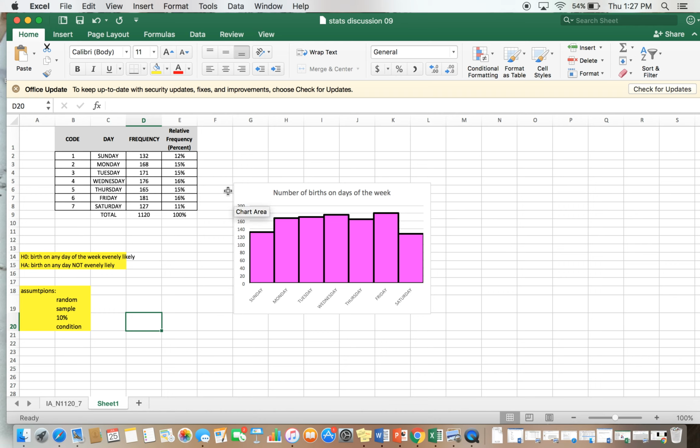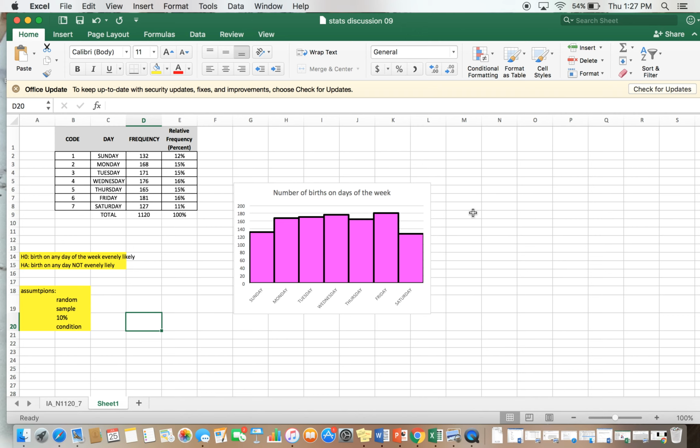All of our percentages are between 11 and 16%, with our highest being 16% on Wednesday and Friday, and our lowest being 11% on Saturday. So there is variation, but it doesn't trend in too much of an upward or downward direction.